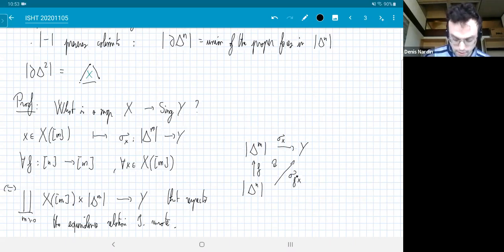And that's this condition here. That's respecting the equivalence relation, if you write down what it means. So that's exactly the same thing as a map from the geometric realization of X into Y.